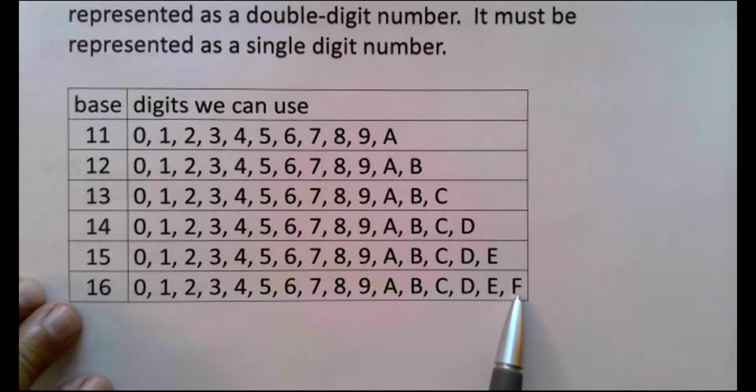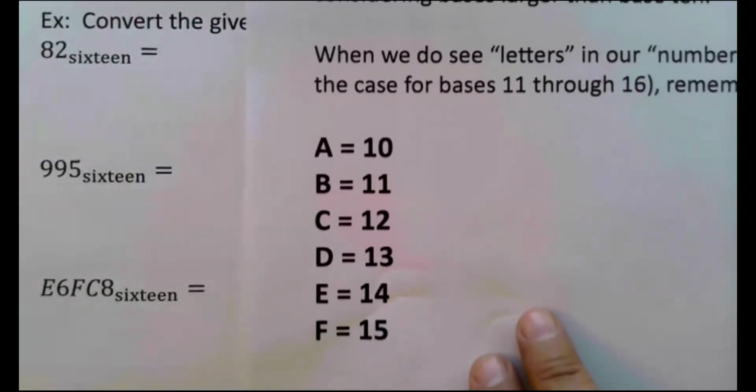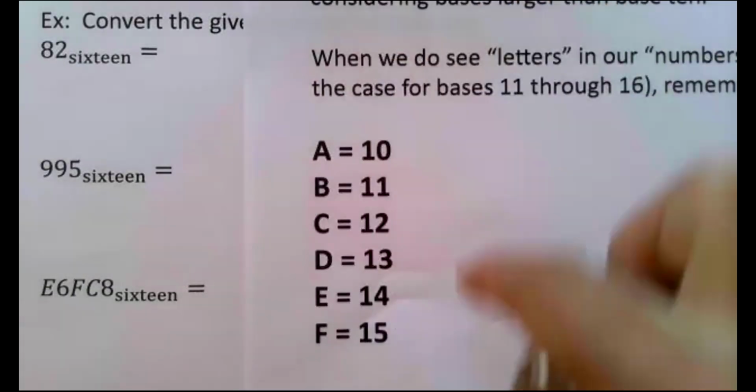Even 15 is a single digit character in base 16, because in base 16 the first double digit character is 16. So everything before 16 has to be single digit characters. That's why you have to use a lot of letters. That's why we're actually going to use all of these possibly in base 16.